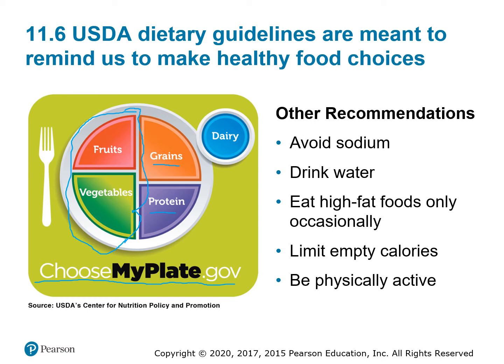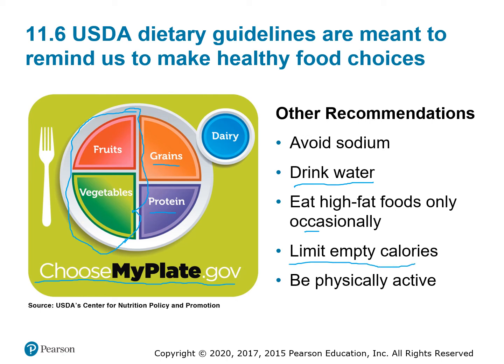And other recommendations: try to avoid sodium. That is hard to do in an American diet, but it does increase your risk for high blood pressure. Drink lots of water, eat high-fat foods only occasionally, limit empty calories.